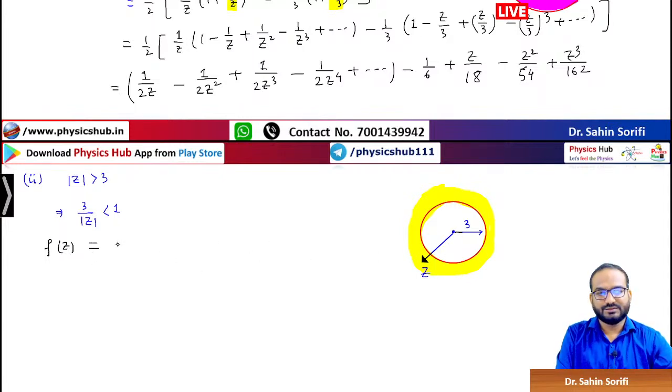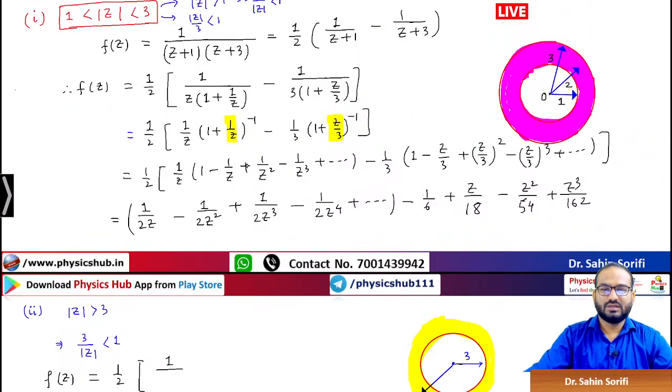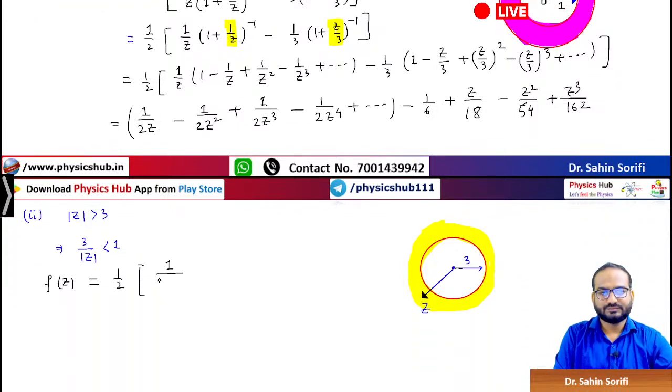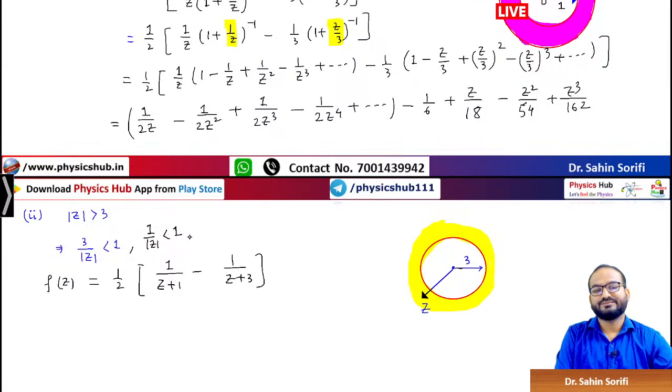So f of z is equal to half times 1 upon z plus 1 minus 1 upon z plus 3. So we have to do something so that we get it in this form. So 3 by z is less than 1. So obviously 1 by mod z will always be less than 1, because if 3 times it is less than 1, then 1 time will always be less than 1, right?